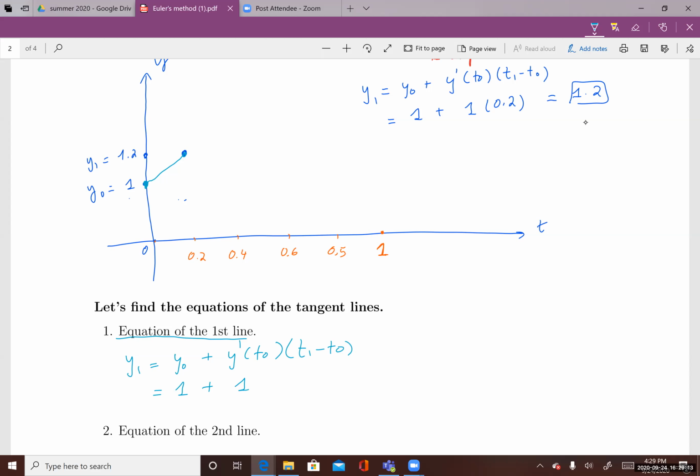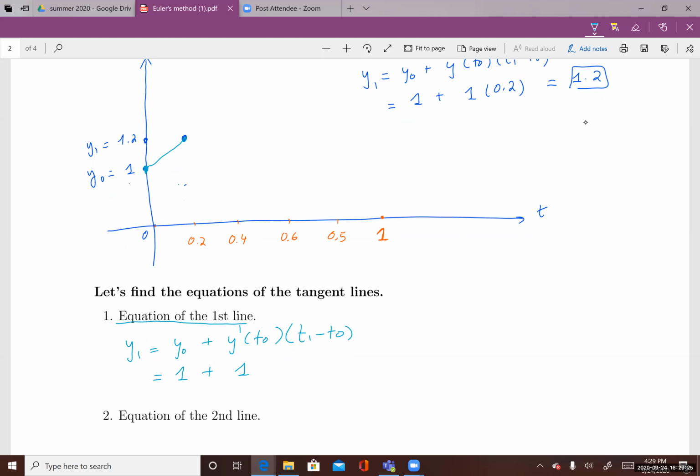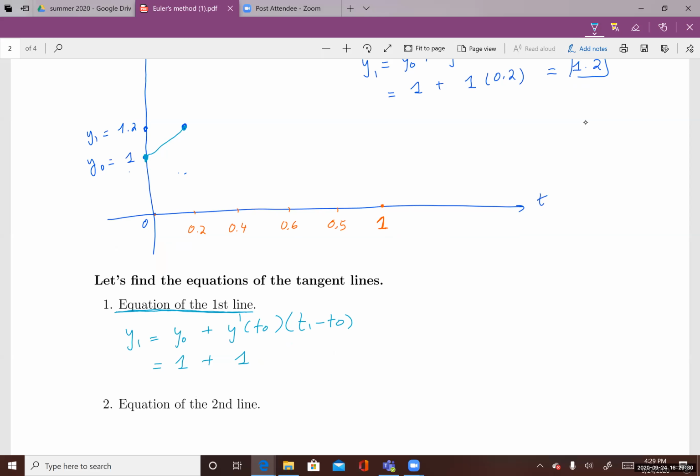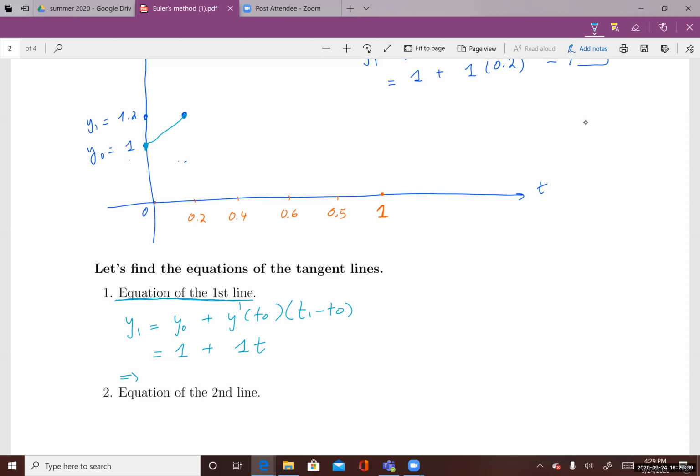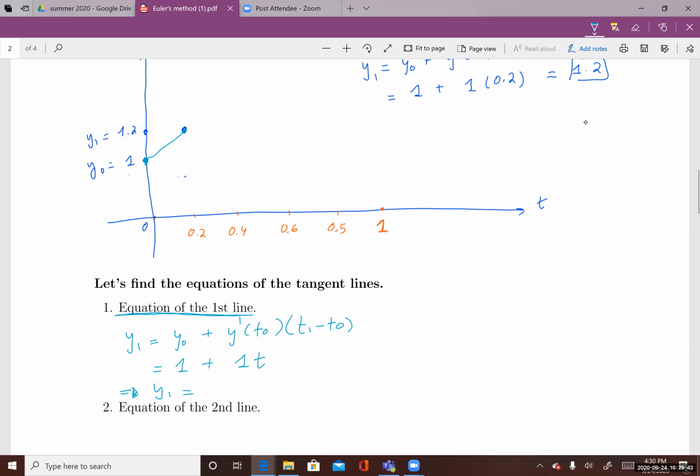And t0 is 0. So then the t1 here is just t, right? So again, this is the equation, not the formula of the y. So then you have just t. And if you plug t1 and t0, you will find that y1 equals 1.2.